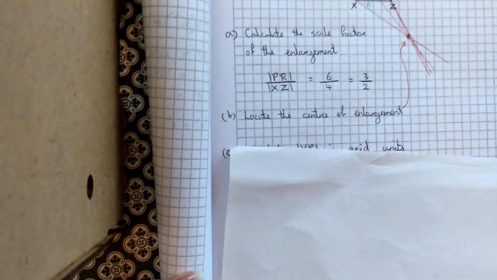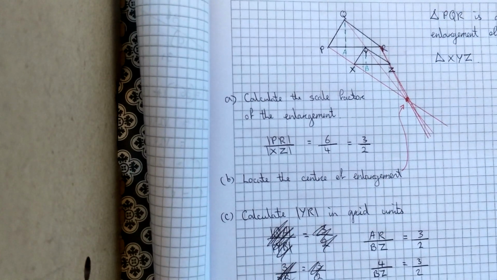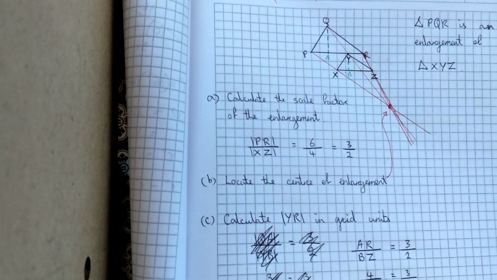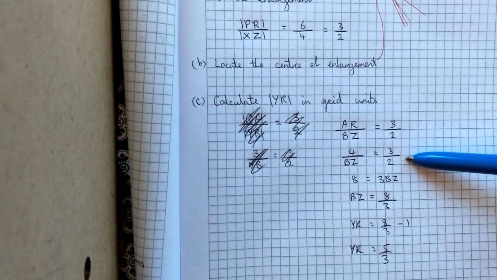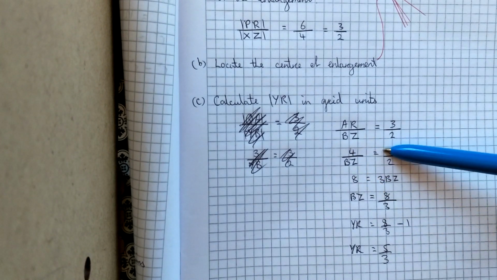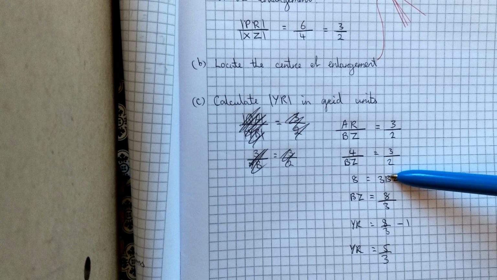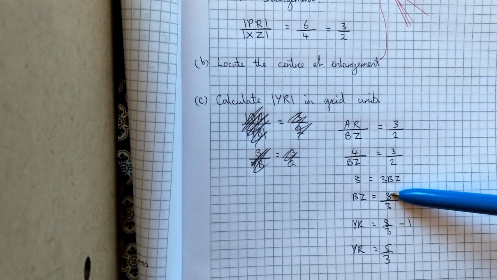So AR is 4 units and BZ we don't know. Cross multiply and you get 2 times 4 is 8, 3 times BZ is 3BZ. Divide both sides by 3 and you get BZ equal to 8 over 3.